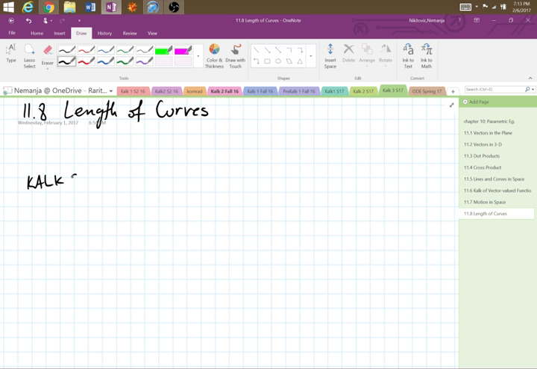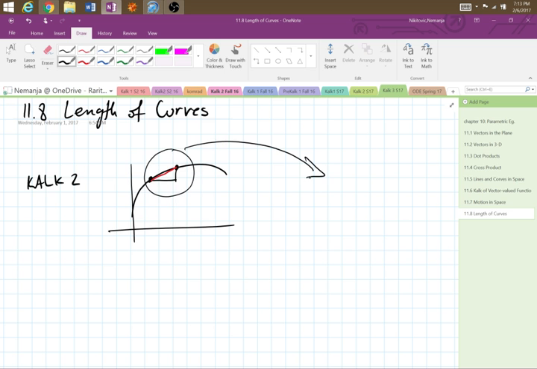Now, first, we are going to review real quick from Calculus 2. In Calc 2, we had the arc length, where you take a look at any curve, take 2 points, and look at the length, which is a straight line. If we draw this larger, it would be something like this, and the real curve would not be the one that we compute.